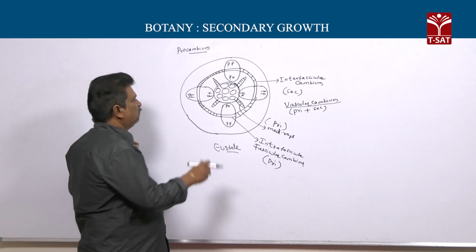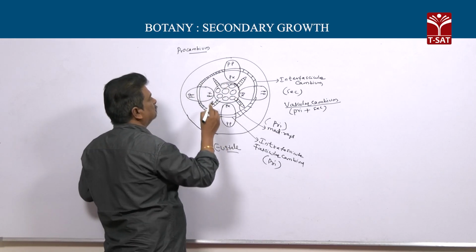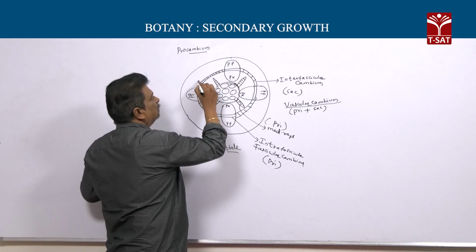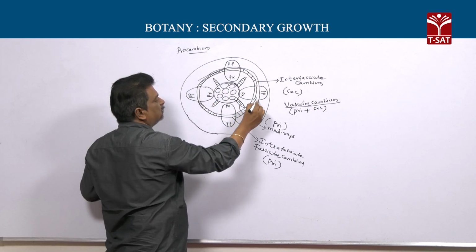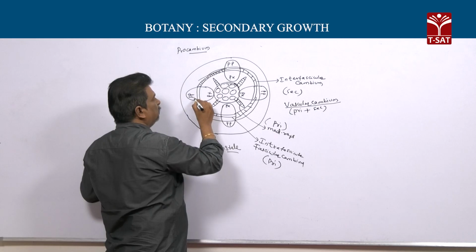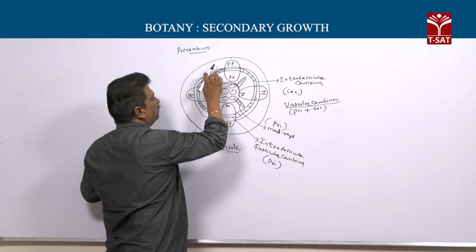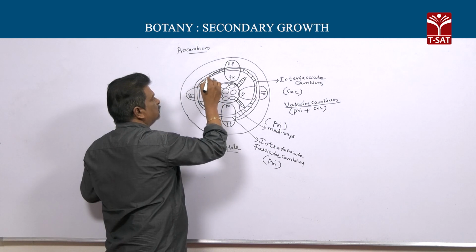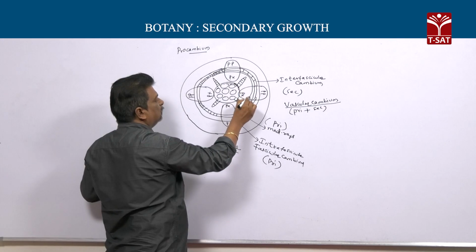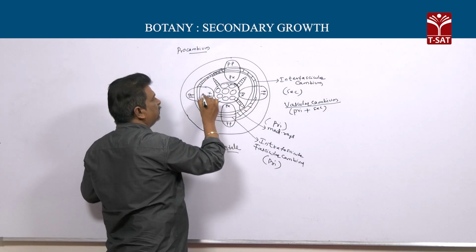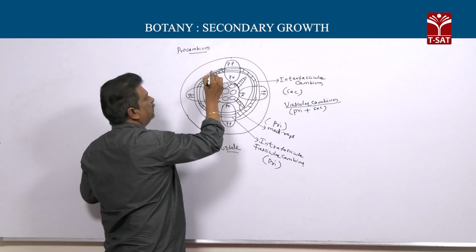Then once the cambial ring is formed, this cambial ring undergoes periclinal division and produces secondary phloem outside and secondary xylem inside.